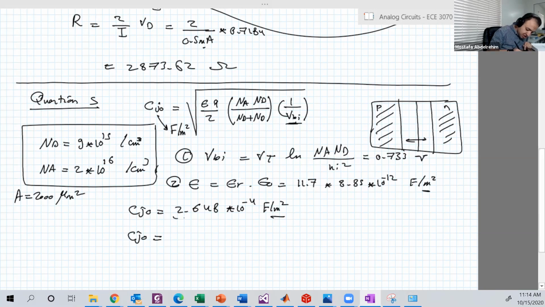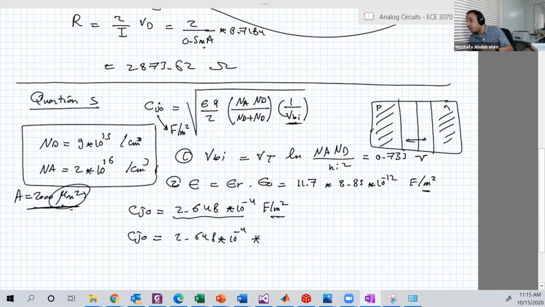So yeah, you just take this value here, 2648, and be careful with the dimensions, because this is meter squared, this is micrometer squared. What it asks for is femtofarad. So let's do it in farad first, then we convert to femto. 2000, and micrometer squared, if you convert it to meter squared, will be 10 to the power minus 12.